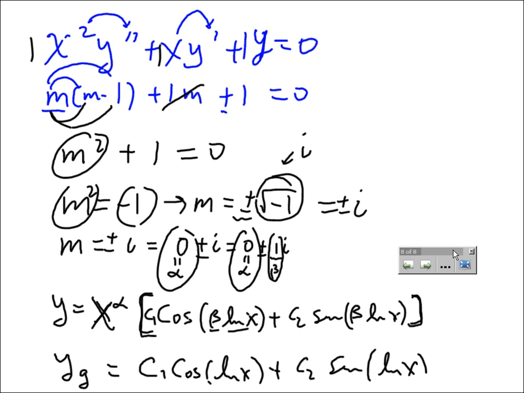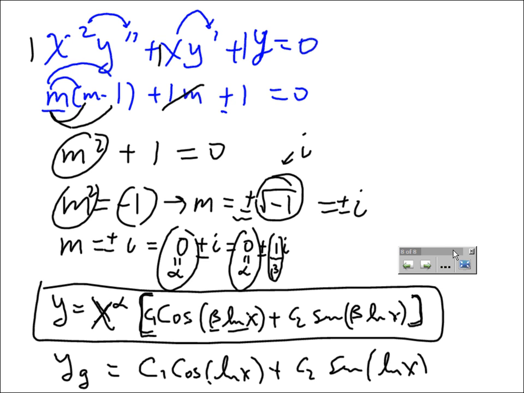When you have complex roots, that's the form. When you have a repeated root that repeats twice, you have that y is equal to c1 x to the m plus c2 x to the m ln of x.